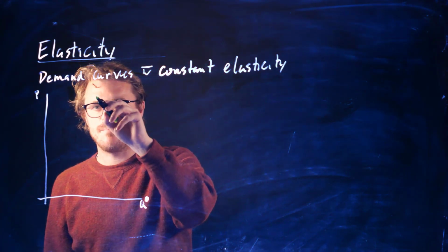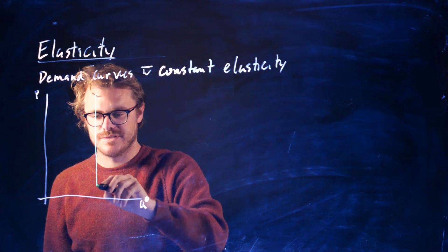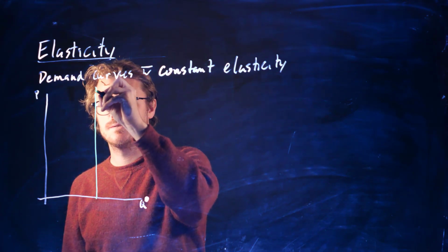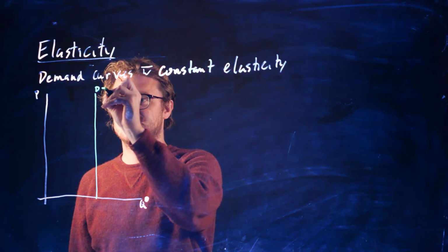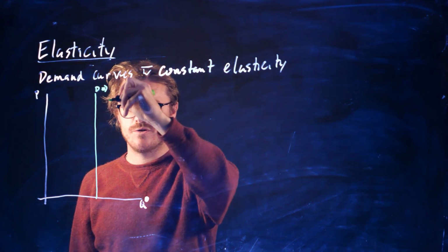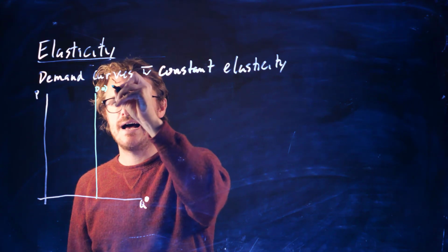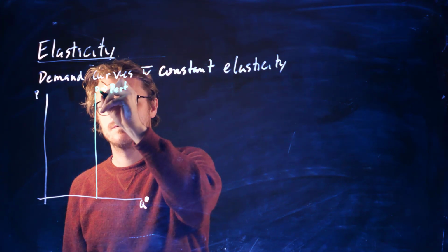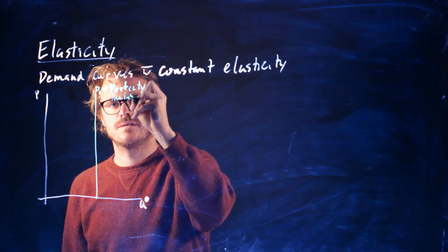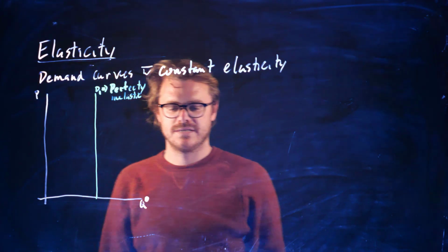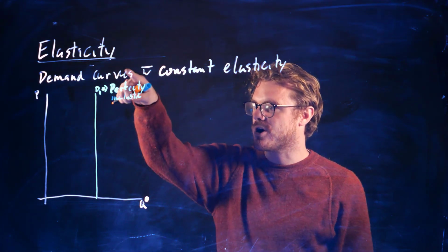And so if we have a perfectly vertical demand curve, for instance, this is going to be a perfectly inelastic demand curve. So D1 is perfectly inelastic.